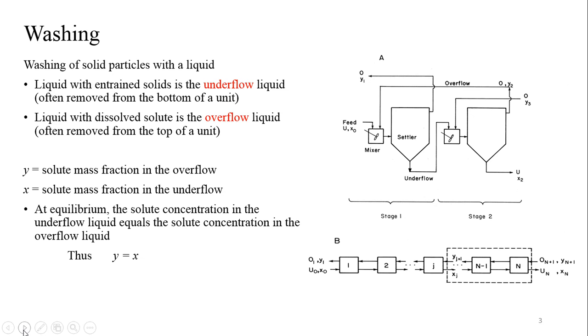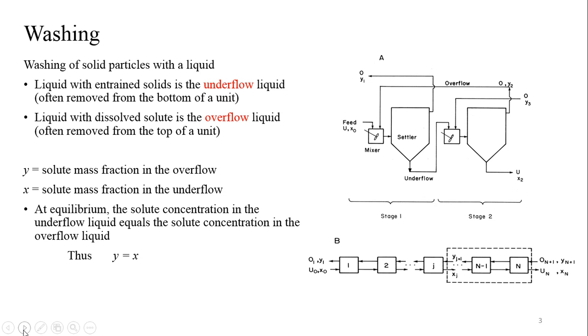Here's a simple example to think of. Maybe somebody's dug up sand from the ocean and they want to use that sand someplace else. What comes along with the sand from the ocean? Seawater, right? The sand is wet and it has a lot of seawater on it. What's in the seawater? Salt. We don't want salt on the sand, so we want to get rid of it. So we're going to carry out a washing operation. What are we going to do?